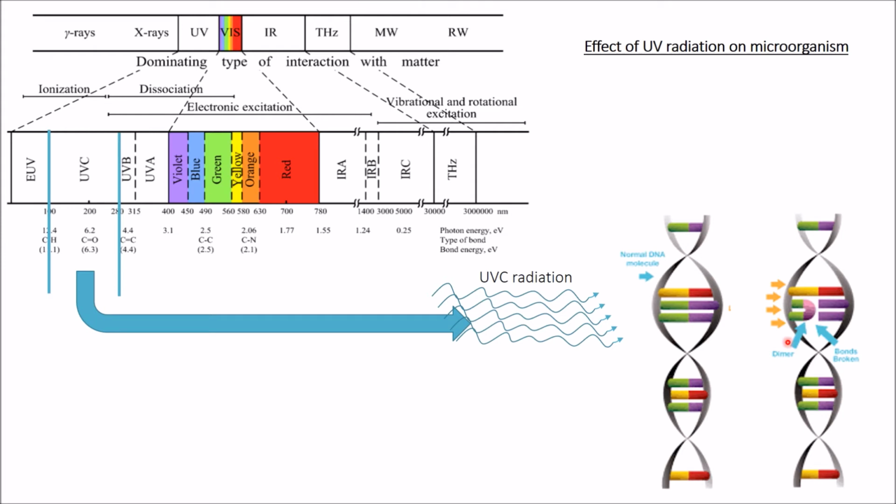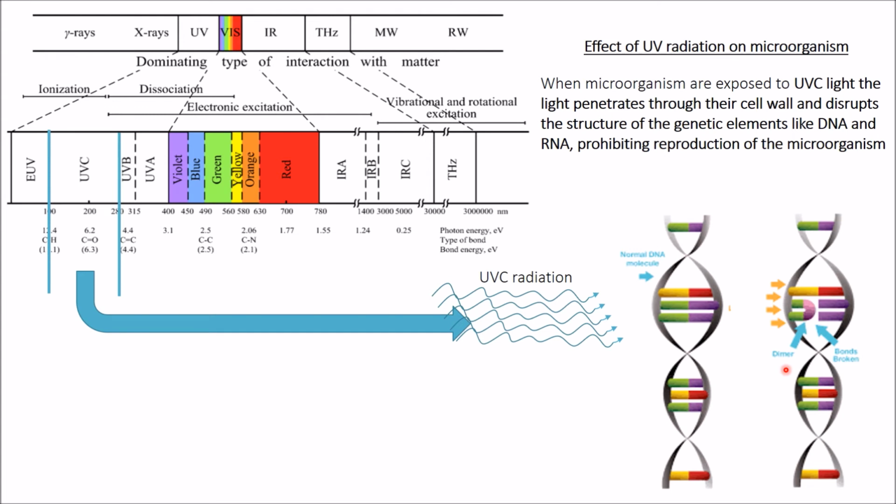Once the DNA changes, the microorganism cannot reproduce or make a replica of itself further. So when microorganisms are exposed to ultraviolet C light, the light penetrates through their wall and disrupts the structure of the genetic element like DNA or RNA, prohibiting reproduction of the microorganism.